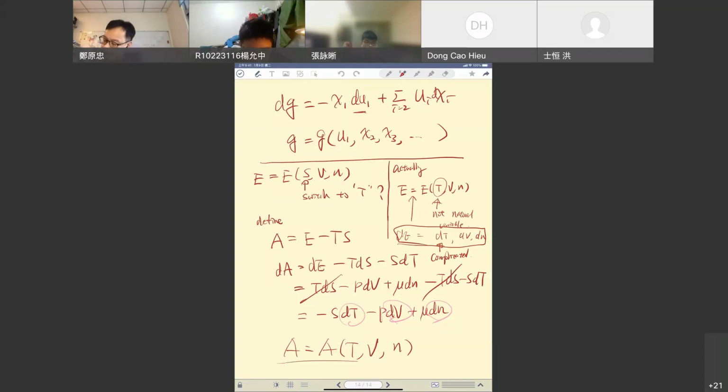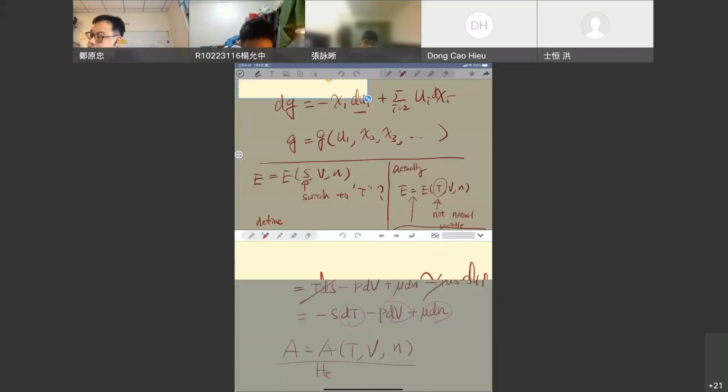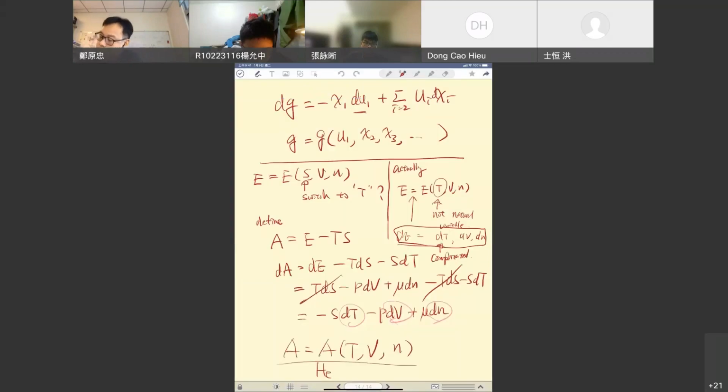And this A is, of course, Helmholtz. We'll talk about this later, next time. This is a free energy, or generally called an auxiliary function. It's the Helmholtz free energy.